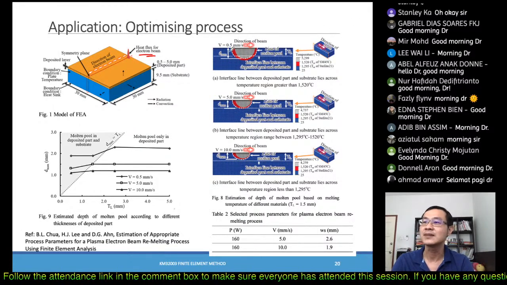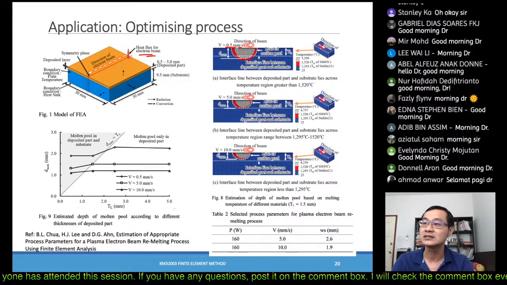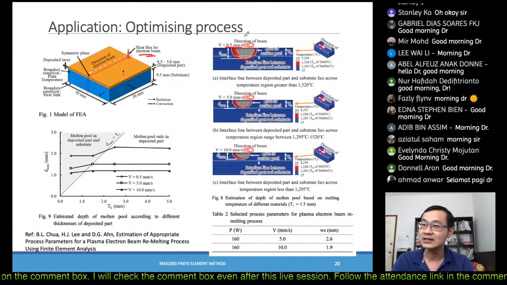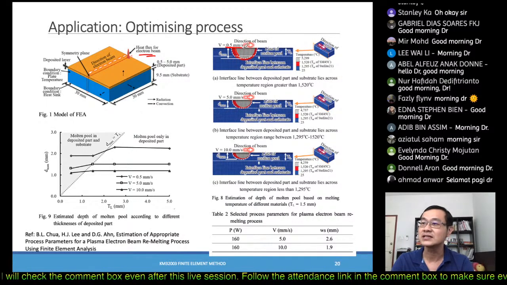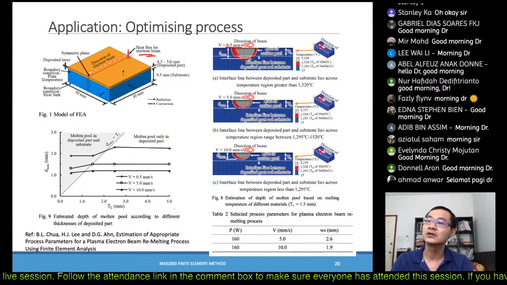Then we could estimate, when the speed is low, what is the melting point. This is the melting temperature range, the gray area, meaning when the heat source is applied, this would be the depth of the melt, right?